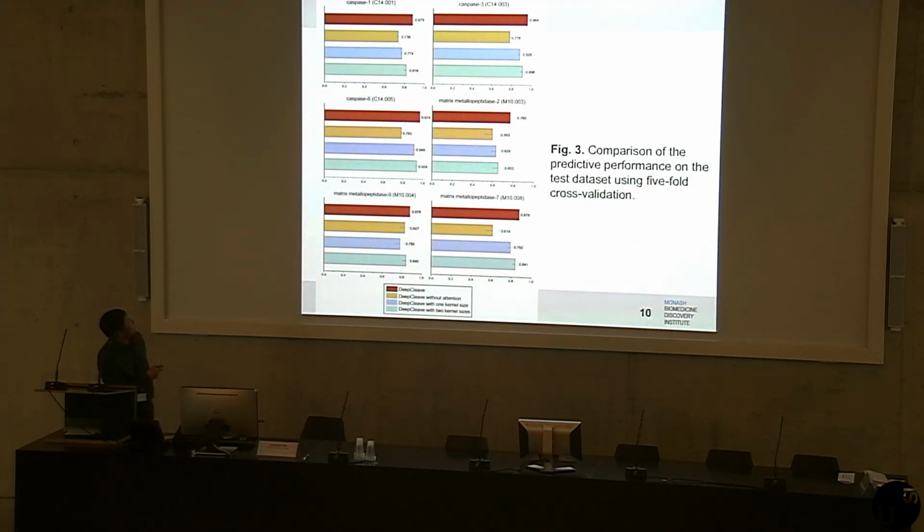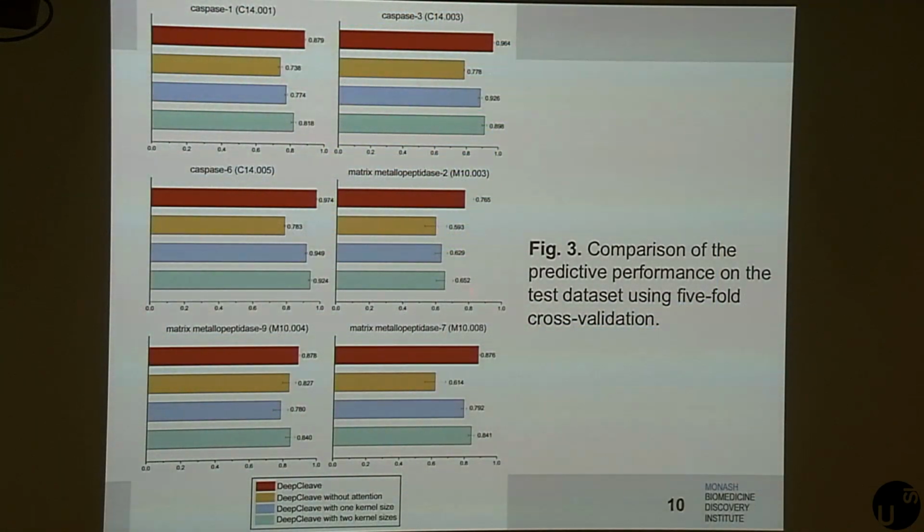This is the performance comparison for protease-specific cleavage prediction. We compared multiple different variant models of deep learning, for example, with the attention mechanism, without the attention, and without the final second fully connected layer. We show that the final optimized model of DeepCleave attained much better accuracy compared with the variant models.